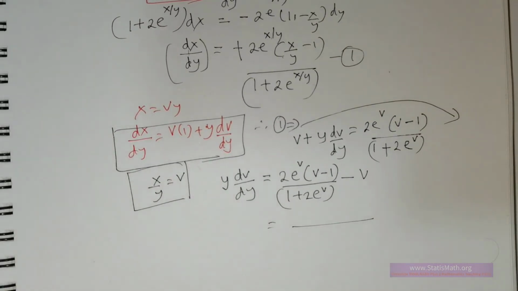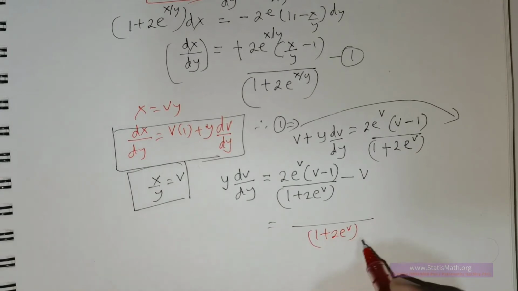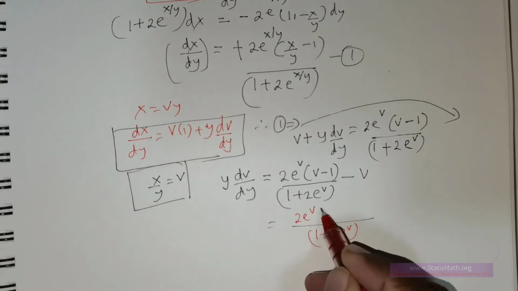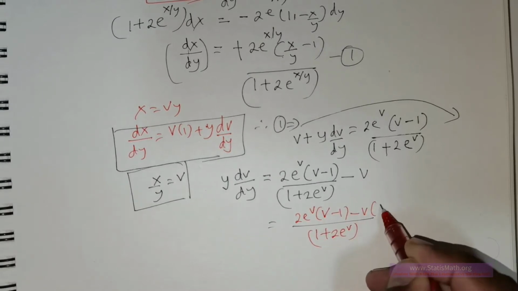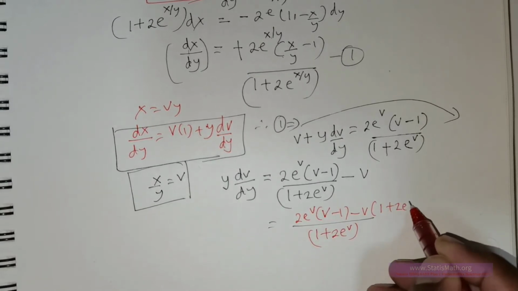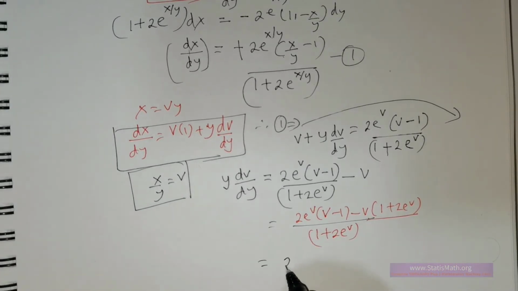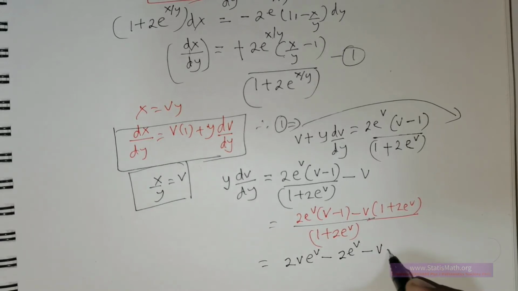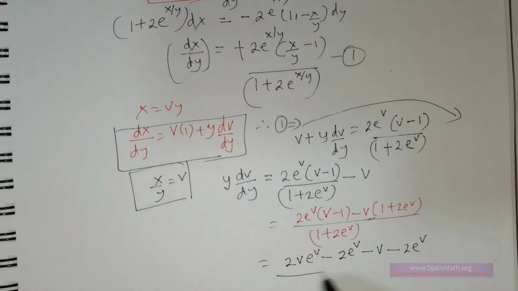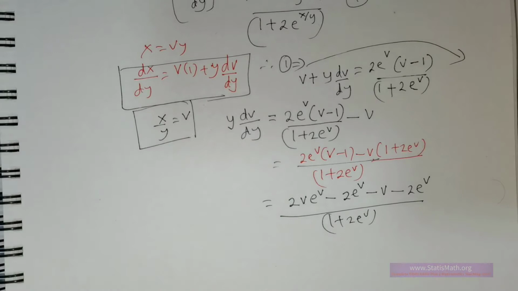Taking the LCM as 1 + 2e^v, we would now have 2e^v (v - 1) - v(1 + 2e^v). So this is what we have got. This is equal to 2v e^v - 2e^v - v - 2v e^v, all divided by 1 + 2e^v.